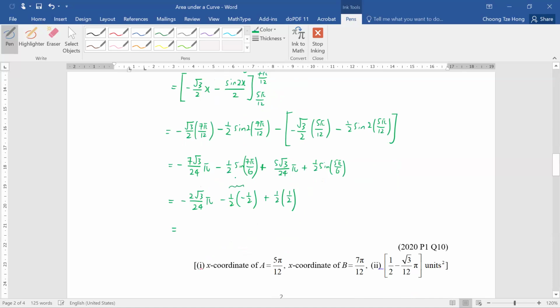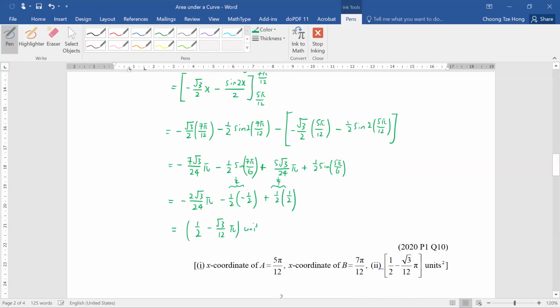So down here will become 1/4, then down here another 1/4. 1/4 plus 1/4 will give you half. So that's where we get the half from. Then 2 and 24 becomes root 3 over 12, so minus root 3 over 12 pi.